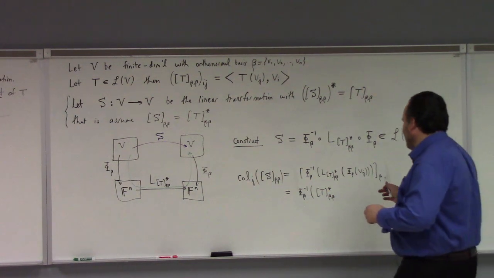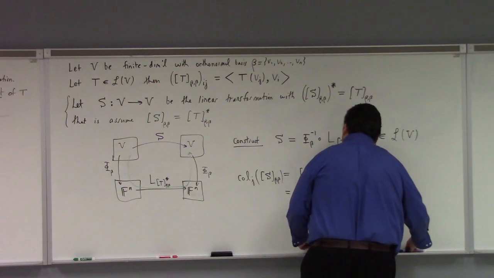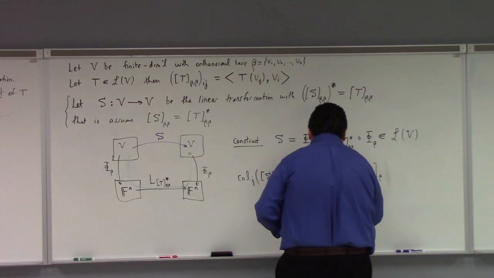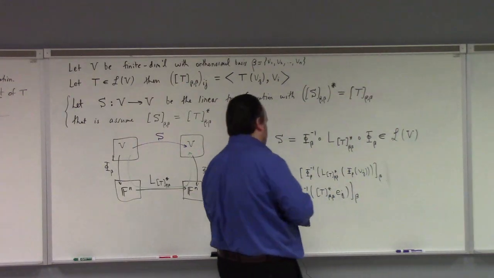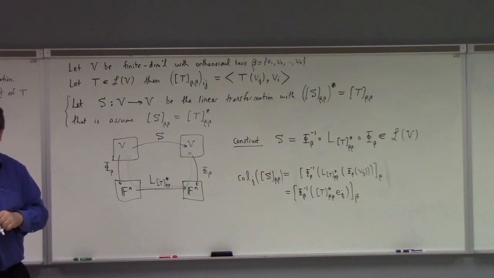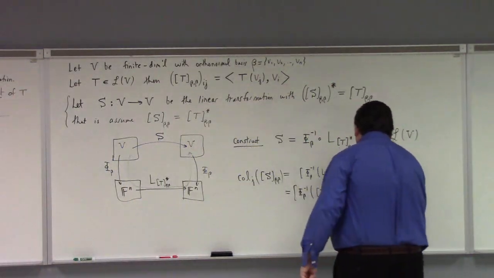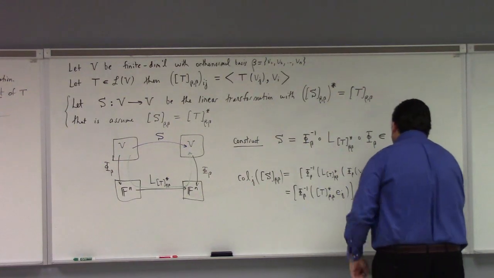This is Ej, right? But what does it mean to put brackets with the beta subscript? That's just notation for phi beta of all this.